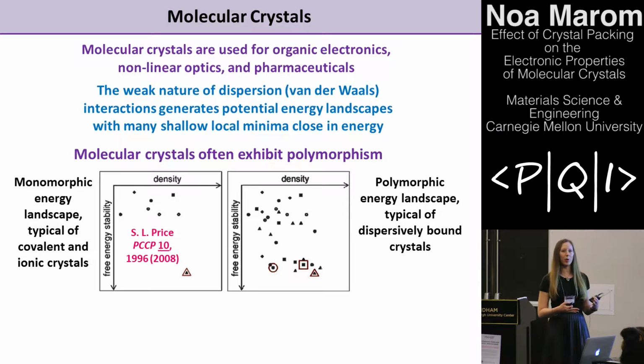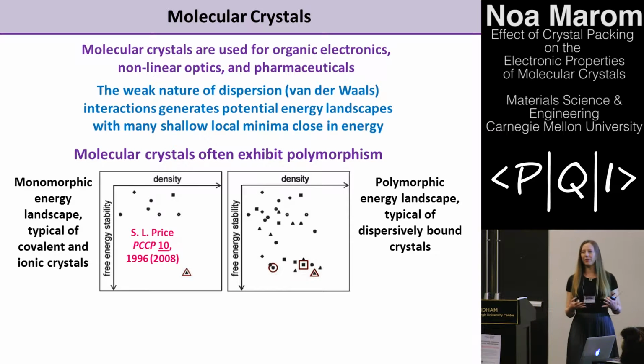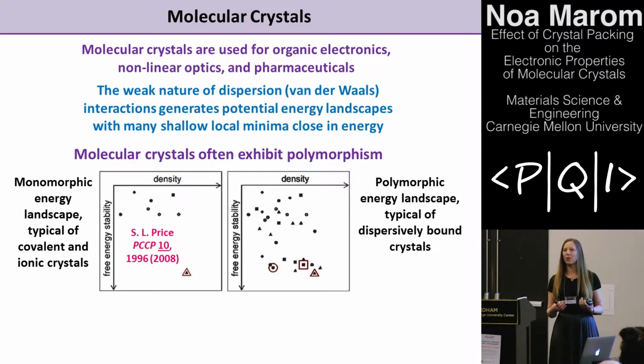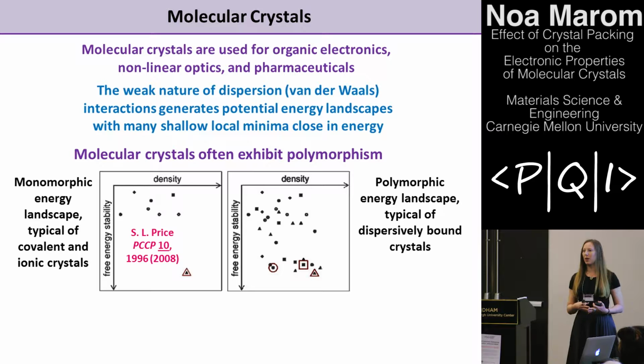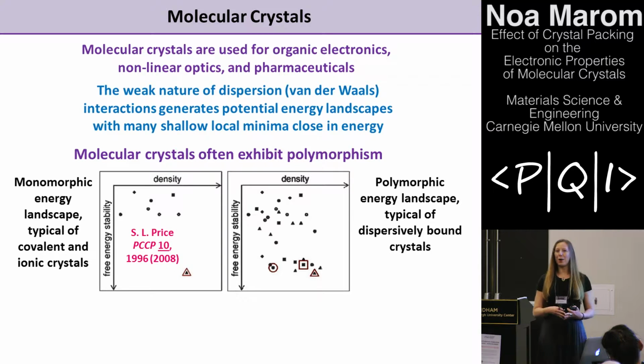So the thing with polymorphism is that different crystal forms of the same molecule might have pretty different physical and chemical properties. So if, for example, it's a molecular crystal of a drug, then if you accidentally get the wrong crystal form, that might hurt the bioavailability of your drug, for example.